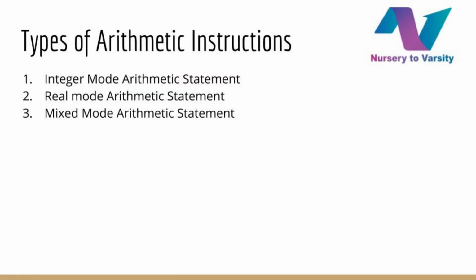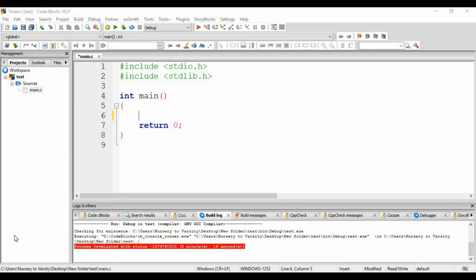Now there are three types of arithmetic instructions: integer mode arithmetic statement, real mode arithmetic statements, and mixed mode arithmetic statement. In the integer mode, all the operands will be either integer variables or integer constants. For example, int a = 5, sum, and sum = a + 6.